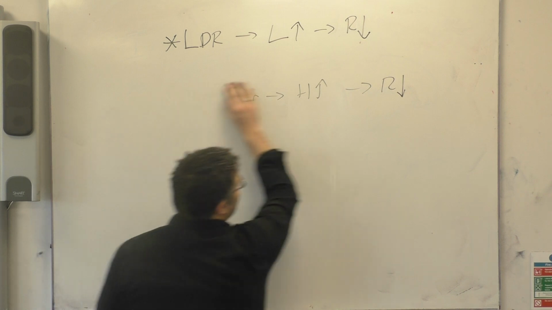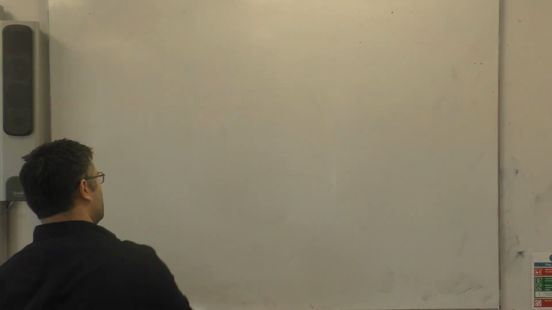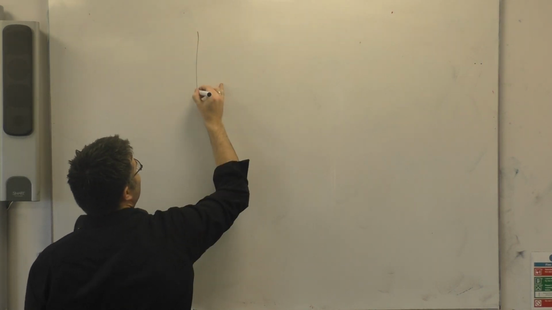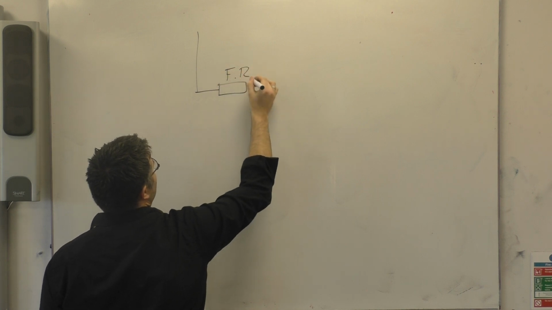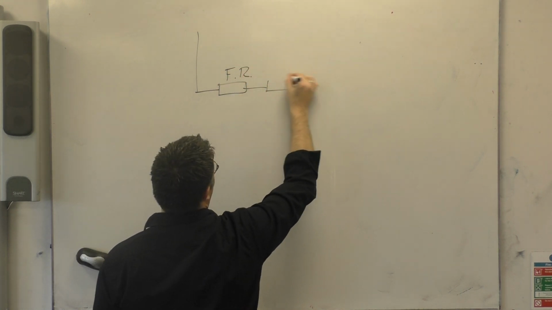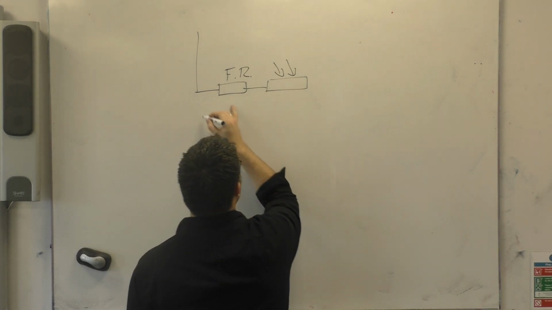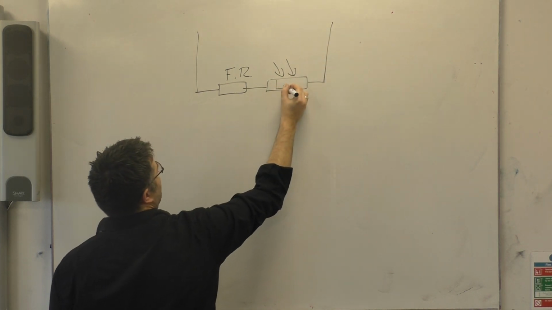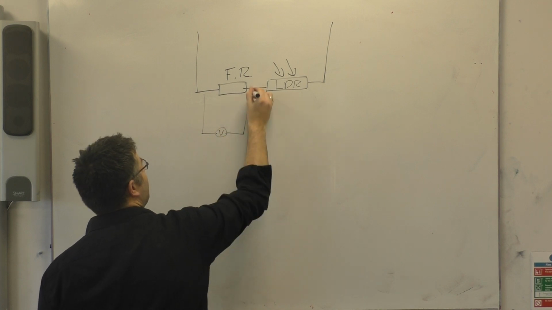So, having said that, let's throw these into a circuit and discuss some of the concepts surrounding them. We'll start off with an LDR. Here we've got a fixed resistor, which I'll label FR, and then we've got our LDR, represented by that symbol there. We're going to put a voltmeter across the fixed resistor.